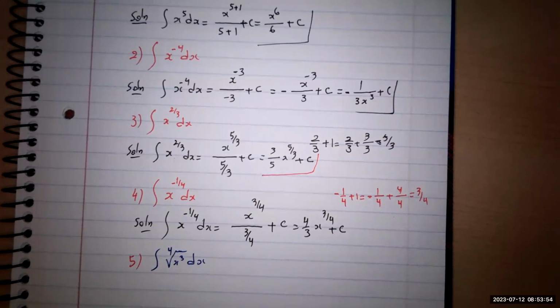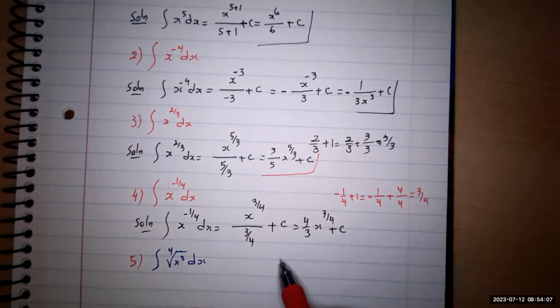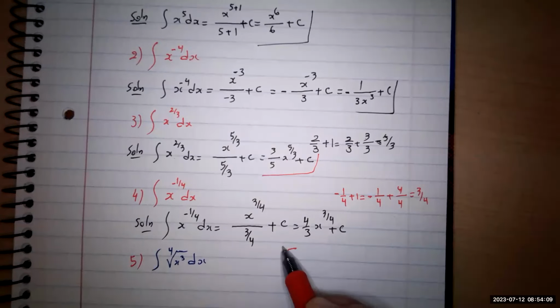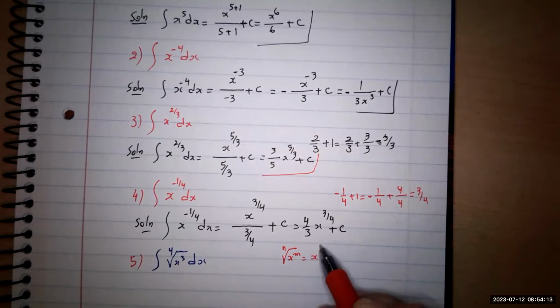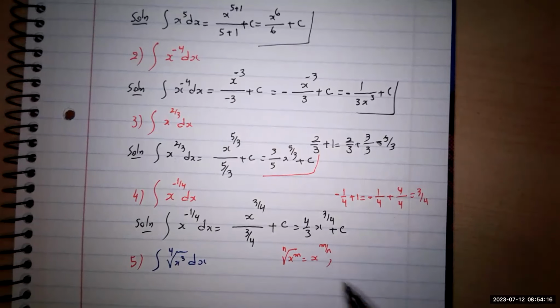Yes, very good. Like differentiation, we don't like radicals. We don't like fractions. Rational function in calculus. Okay, so you have to rewrite it. Remember, just to remind you of the formula that we use: the n-th root of x to the m is x to the m over n.